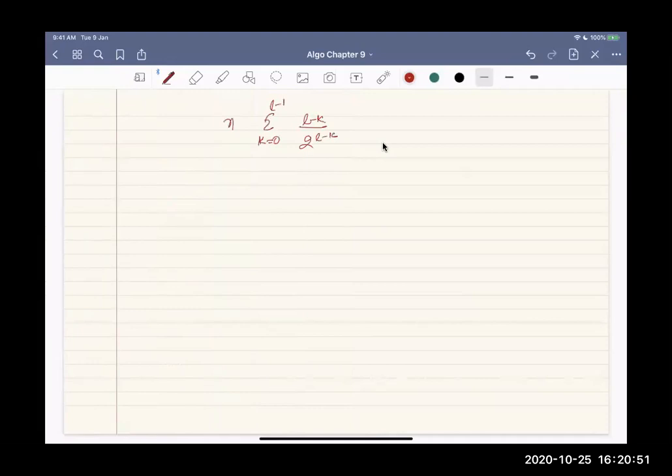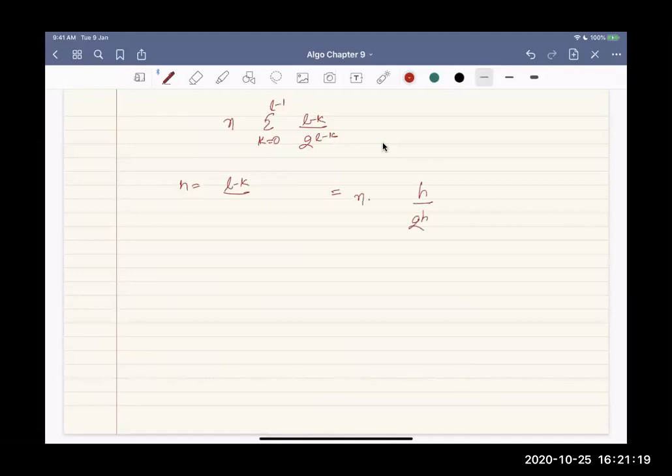So I can substitute h equal to L minus k. Then this becomes n times sigma of h by 2 to the power h.